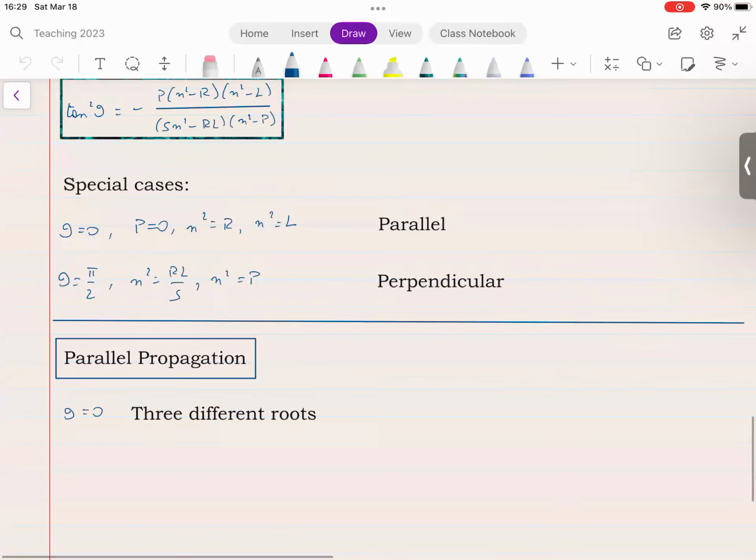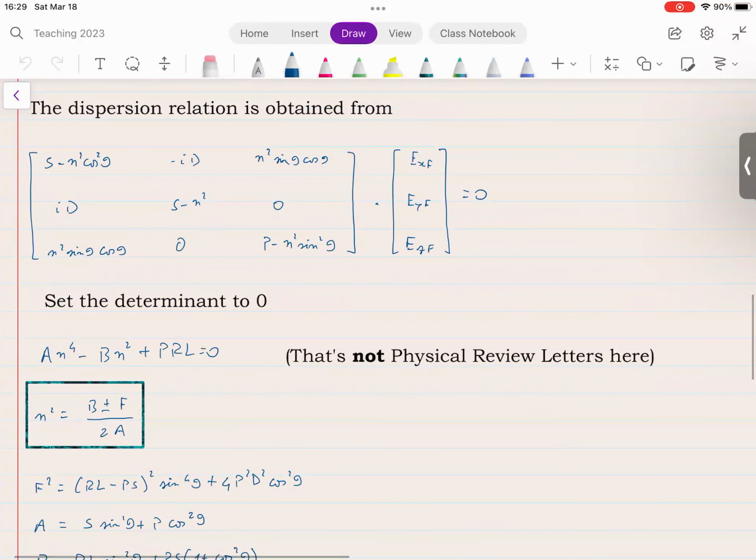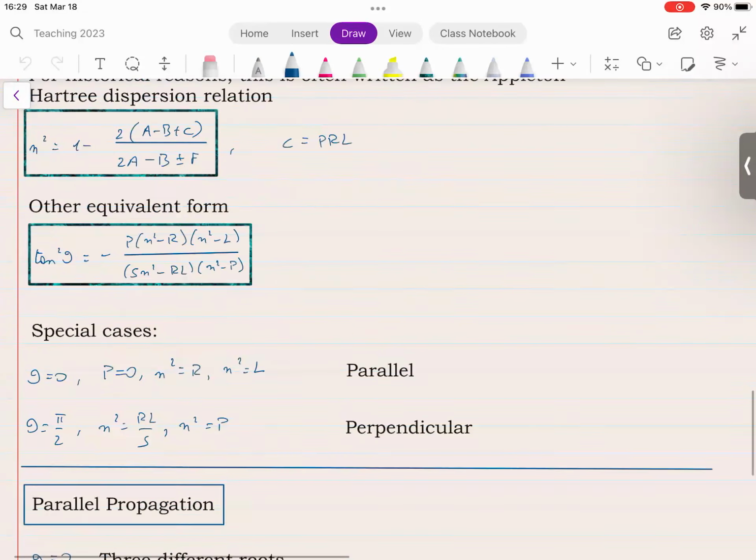Now, what may be instructive is to rewrite the dispersion relation that we have here in the special case where theta is equal to 0. Of course, the sine is equal to 0 and the cosine is equal to 1. Let's see what that looks like.